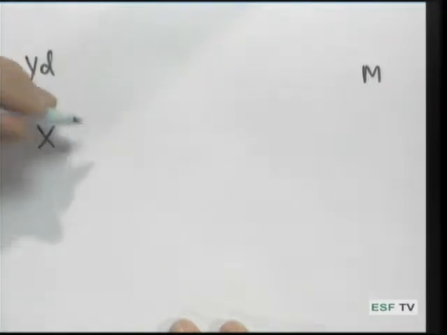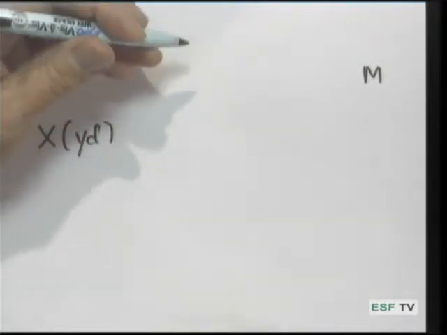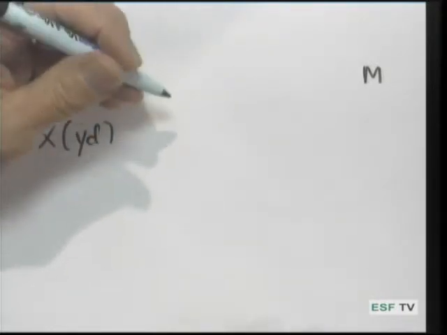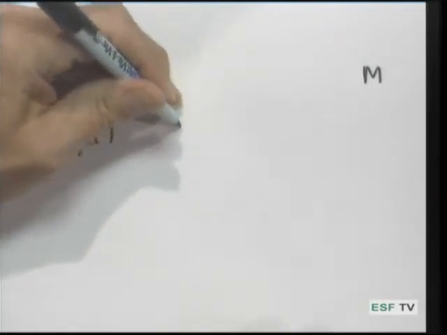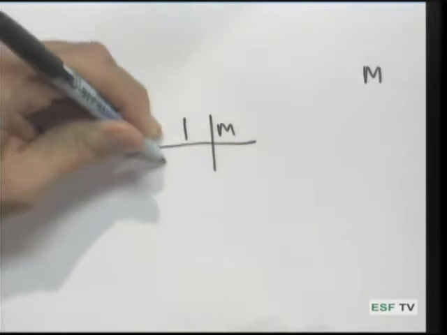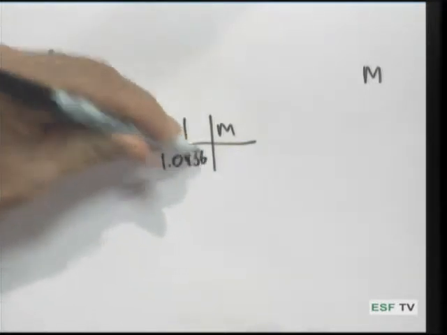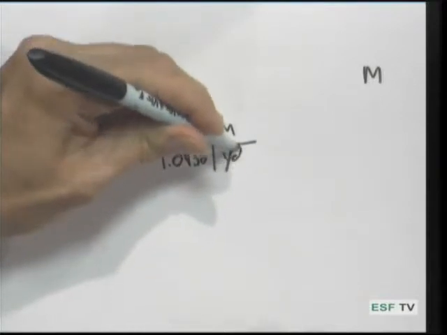We have a quantity x that is expressed in units of yards, and we look up a conversion factor in our table or on our internet site, and what we end up with is that there are 1.0936 yards per 1 meter.